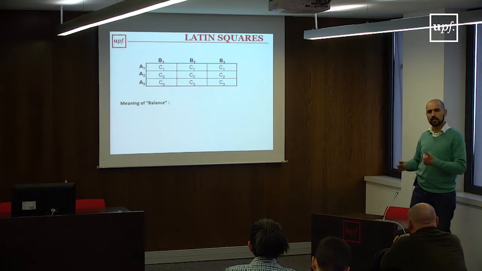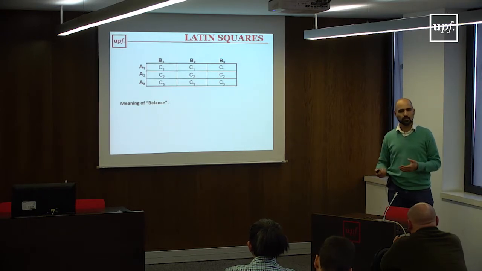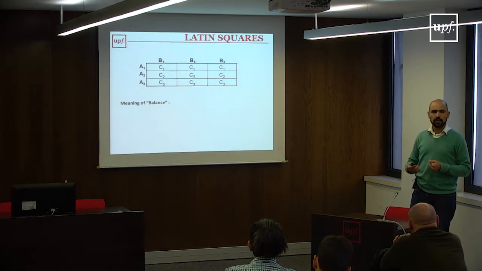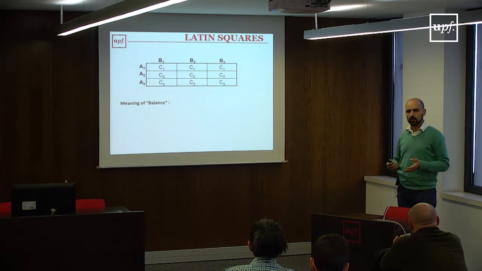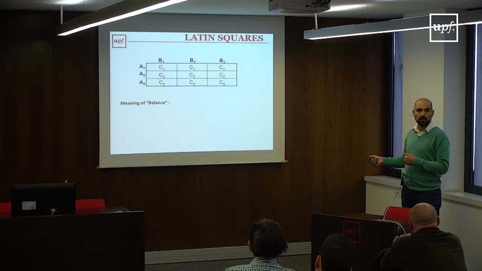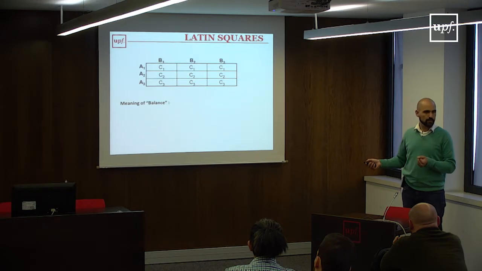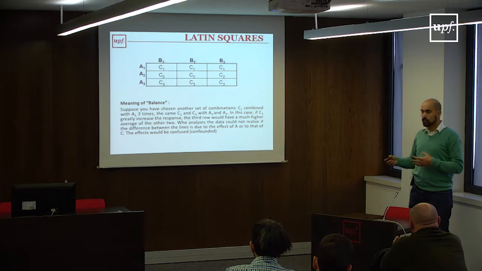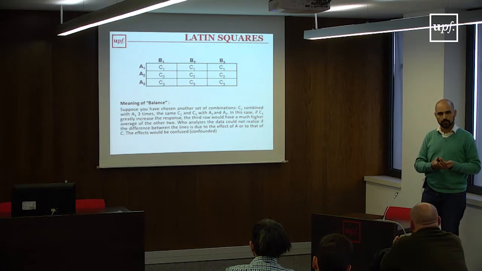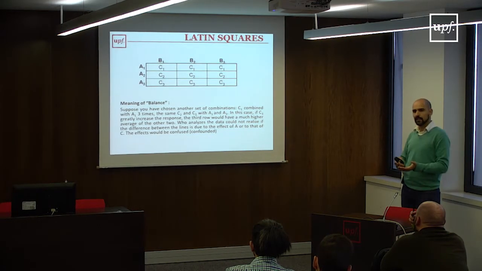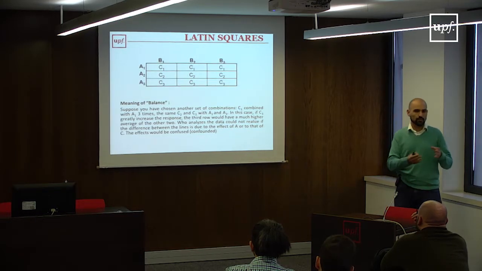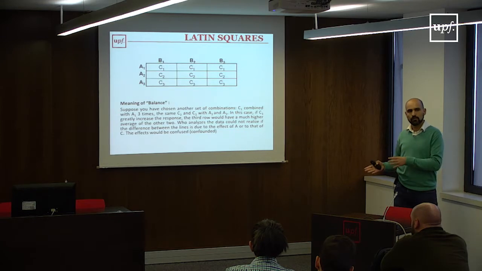So if I increase the value of the combination C3, in my final analysis I cannot know if the final result is because of an increase of C3 or an increase of A3. So we say that these two factors are confused. I can see a statistical variance, but I don't know if it is because of factor A or because of factor C.